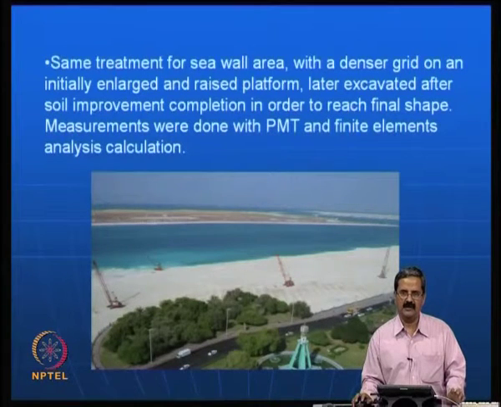The only problem is to what extent you are correct, is the improved ground okay. That can only be ensured by proper in situ testing using SPT or cone penetration or pressure meter tests. Once it is done, it is ready for further construction.